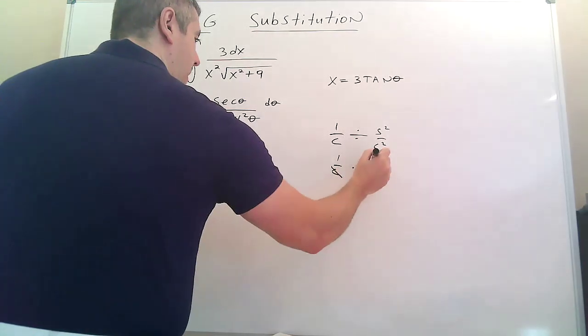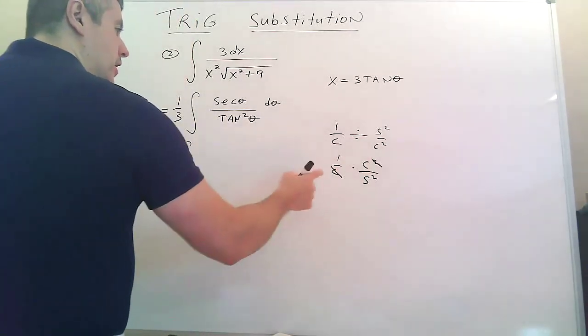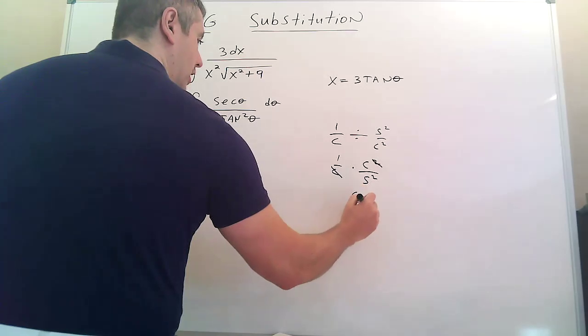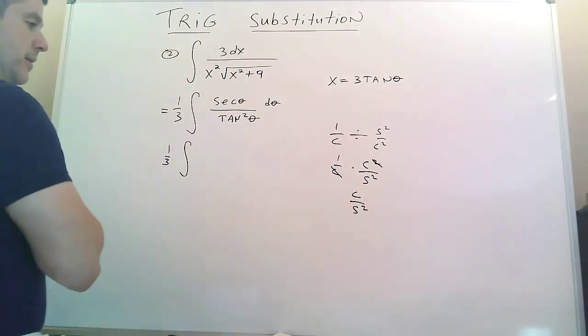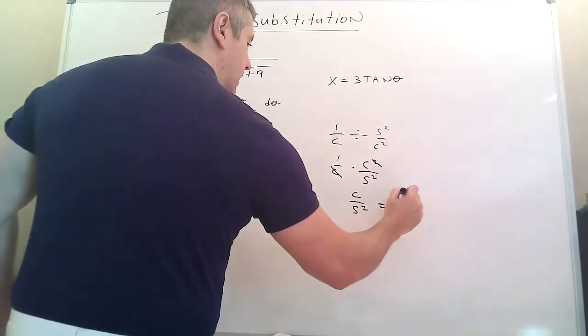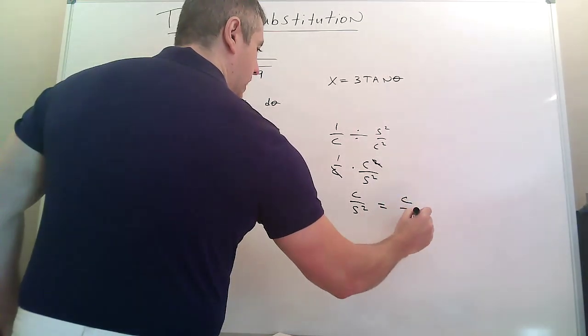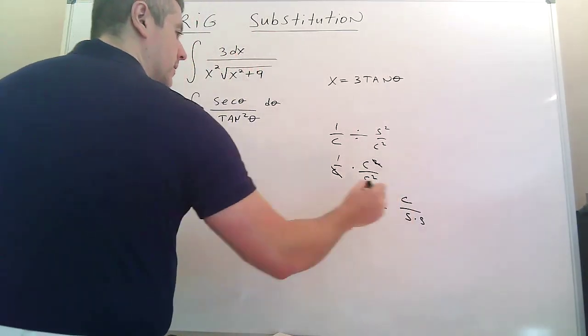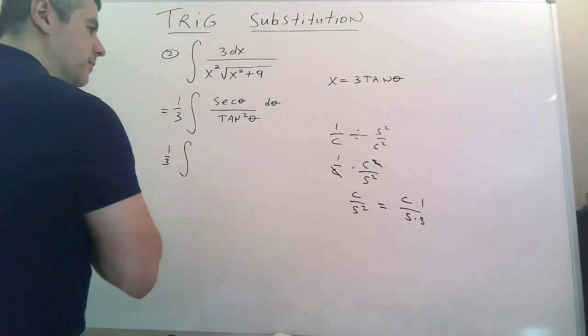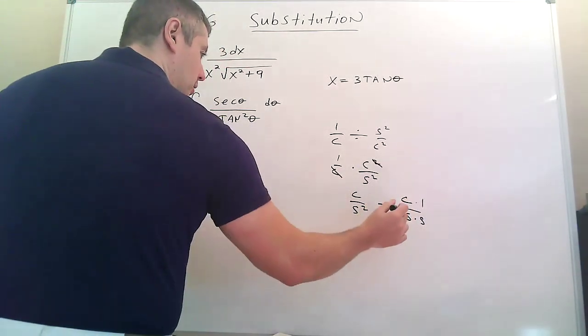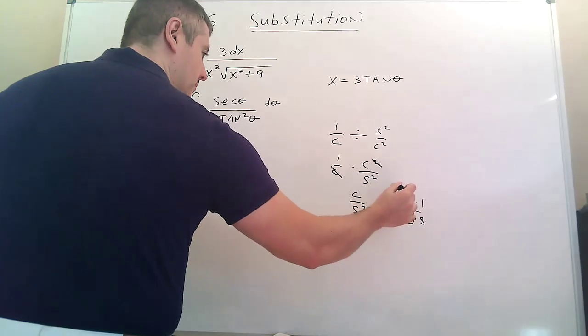You're going to cross out the cosines. So you get cosine over sine squared. And now you're still saying the same thing. This doesn't help me. So that's cosine over sine times sine, right? I'm going to put a little 1 there just for fun. But check this out. You have cosine over sine.